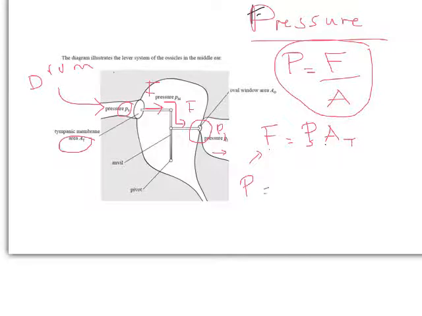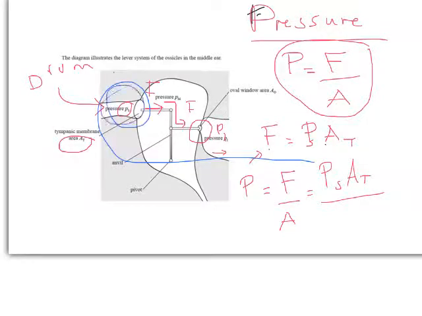Well, pressure equals force over area. Now the force is equal to PS times AT, which is, I'll remind you, the pressure that's acting here times the area of this tympanic membrane, but this time divided by the oval window area here, AO.